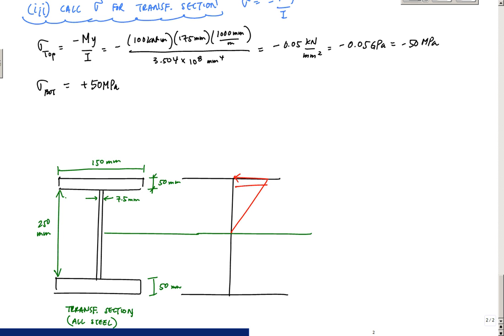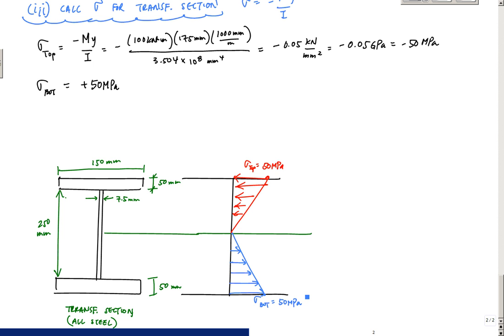So I draw the arrows compressing that surface like this, and this point is sigma top of 50 megapascals. At the bottom, I'm causing tension on the surface, so I point the arrows about right there. This right here is the stress profile for a section with all of one material, and this would be sigma bottom in tension equal to 50 MPa as well.